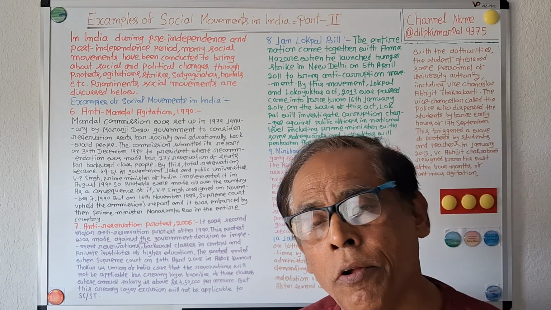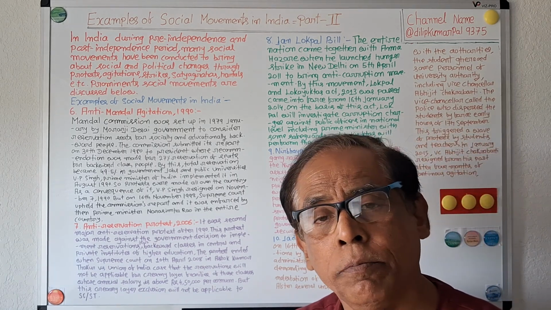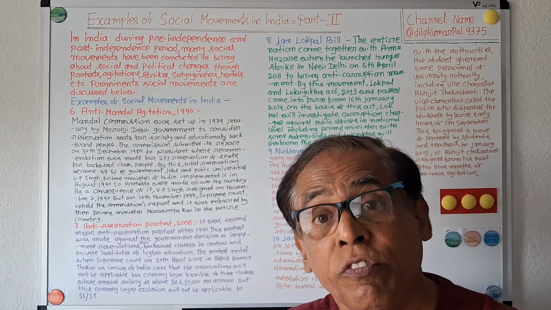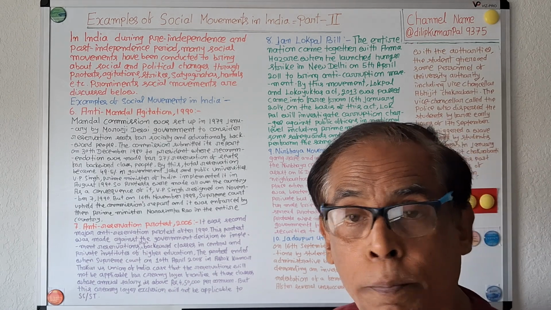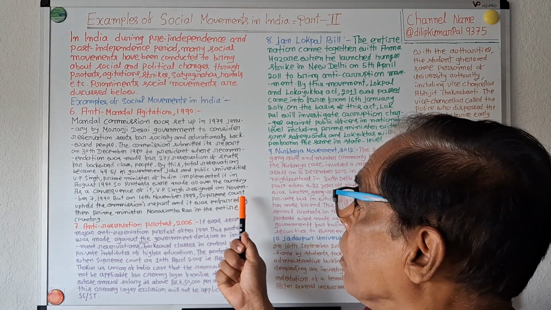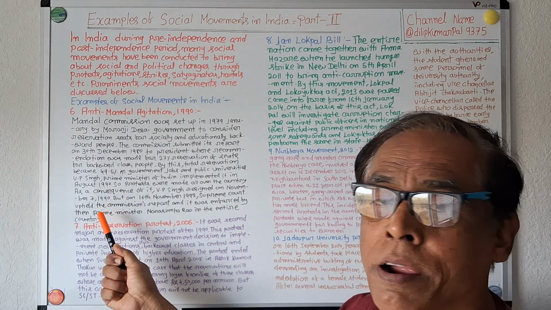When protests were made against his decision, VP Singh resigned from the post of Prime Minister on November 7, 1990.